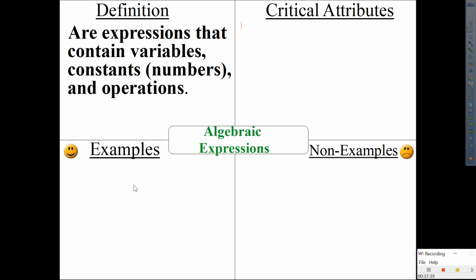Examples given: x plus 3, m minus 7, 2 times y, k divided by 5. So look at the definition one more time. Algebraic expressions are expressions that have what? Variables, numbers, and operations. Do we have that here in the examples? Yes, I do. All right, good.